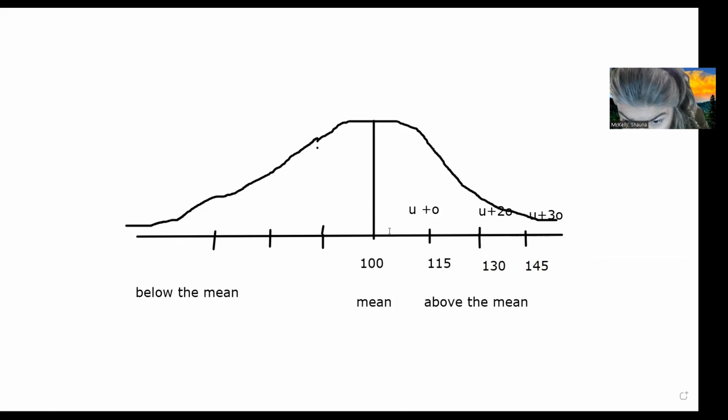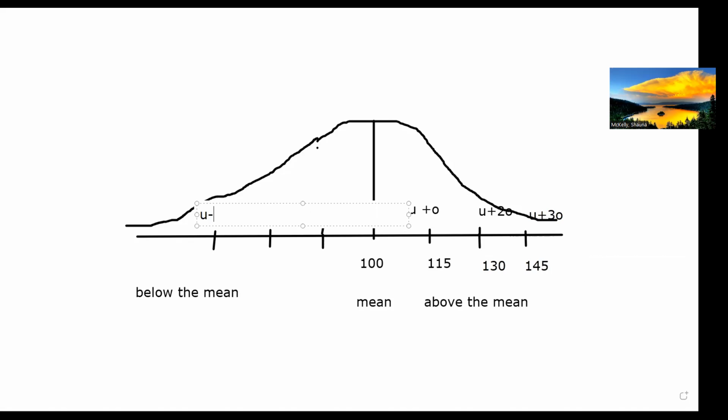And we have the same thing going on the left, except that we're going to be subtracting from the mean because we're smaller. Mu minus sigma, mu minus 2 sigma, and mu minus 3 sigma.